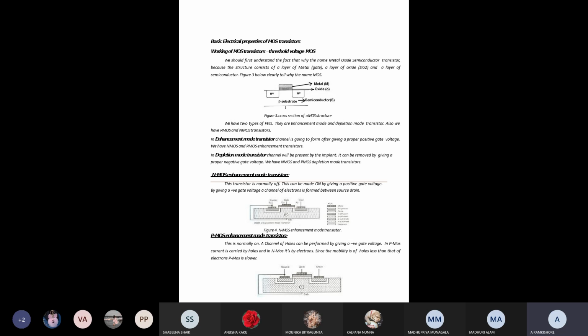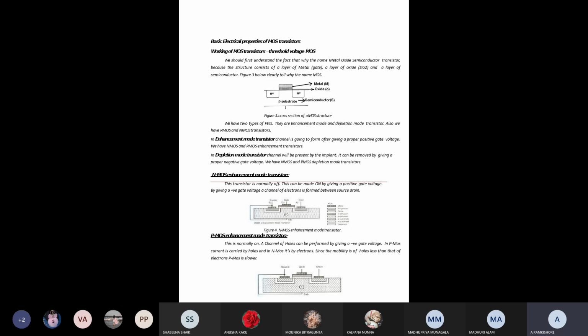Whenever the device crosses the threshold voltage, it operates as one of two types of transistor: the NMOS enhancement transistor and the PMOS enhancement transistor. That is about the enhancement mode transistor.